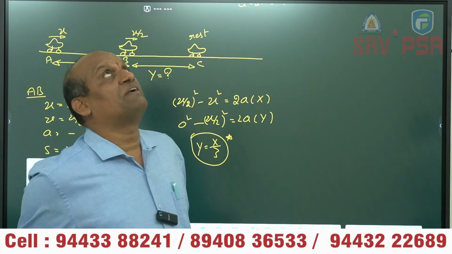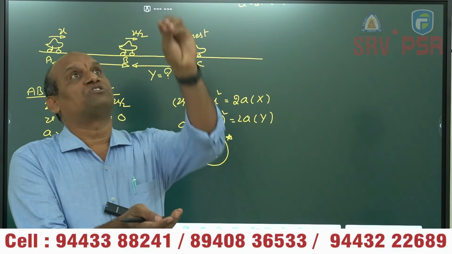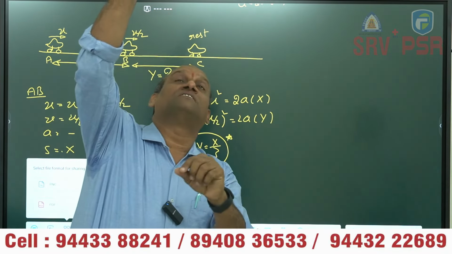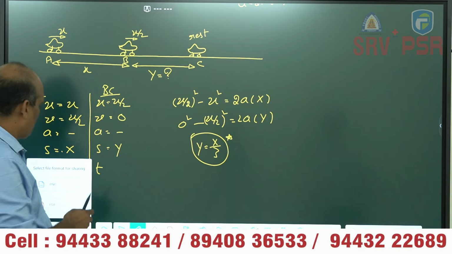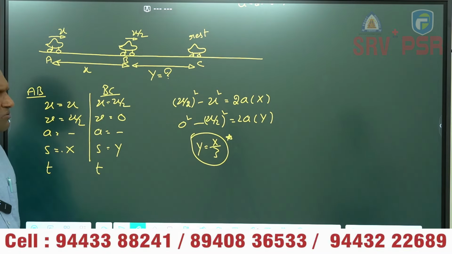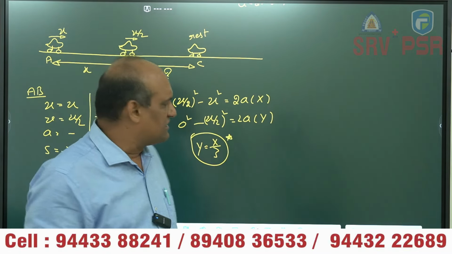A body projected vertically up with certain speed U becomes U by 2. Half the speed covers H distance. How much further distance does it go? H by 3. So likewise, we can analyze this most important question, and this model of questions relates to other things also.